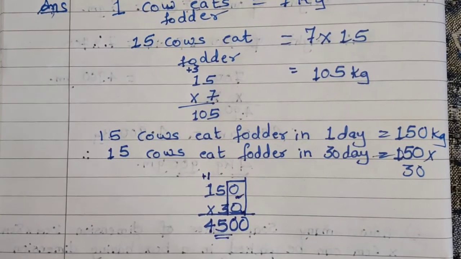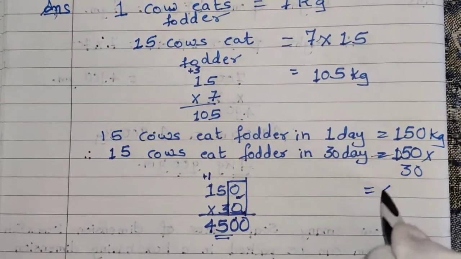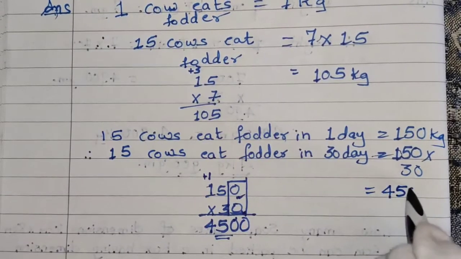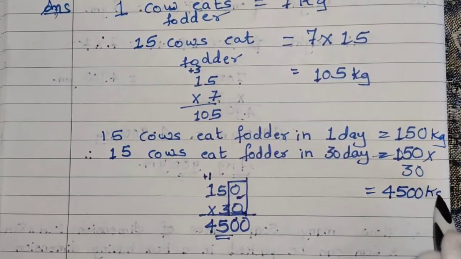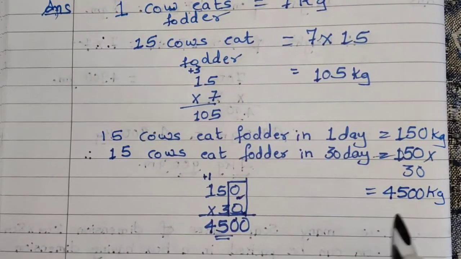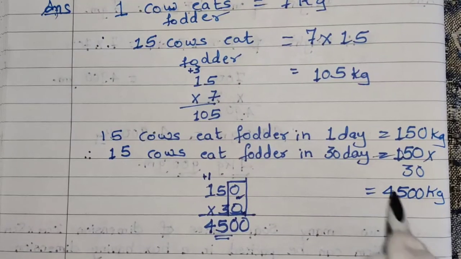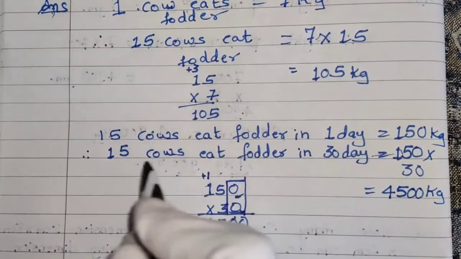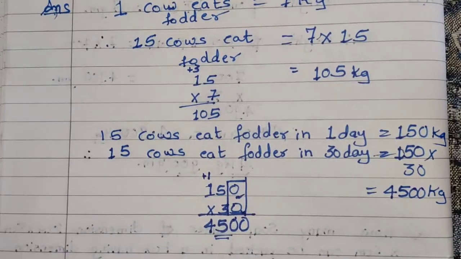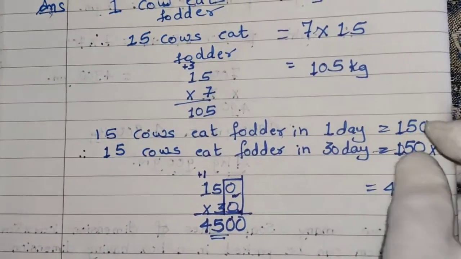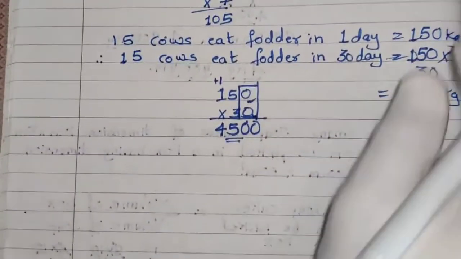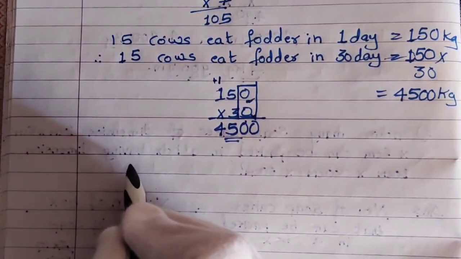So, what is the answer? The answer is 4,500 kg is needed for the 30 days. For how many cows? For 15 cows to eat. So, the ending answer, what we are going to write?